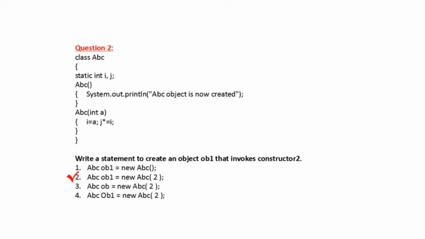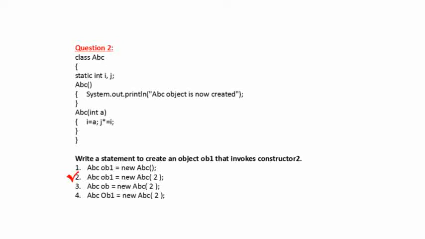Here it is OB1 in small, so OB1 is equal to new, constructor name, which shares the same name as the class name, that is ABC, and you're calling the second constructor, which is a parameterized constructor. You have to pass a value, that is an integer. So I'm passing 2.